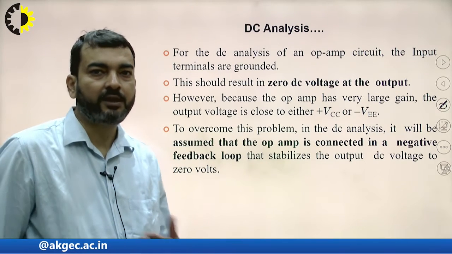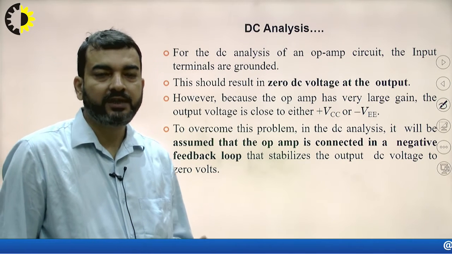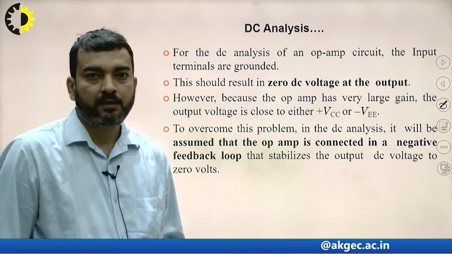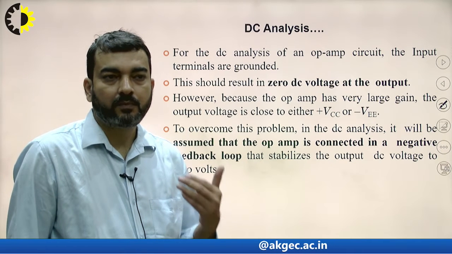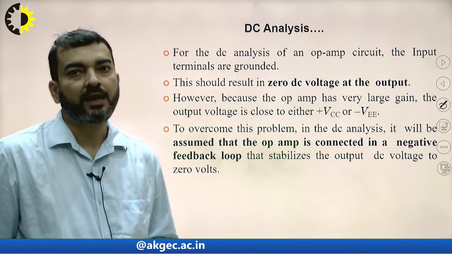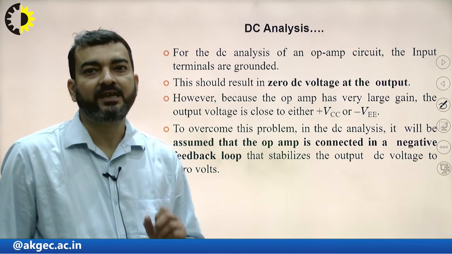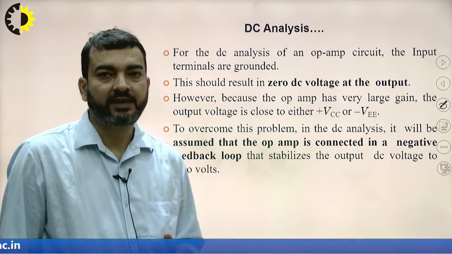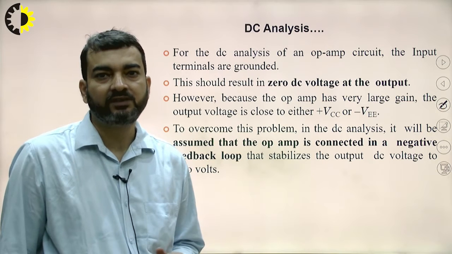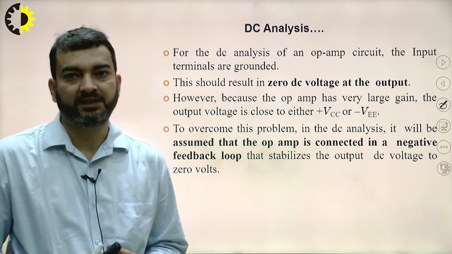If we have not applied any DC input or signal, ideally we should get zero output. But because of the high gain of the op-amp, we will get some output which will be close to the supply voltage, either plus VCC or minus VEE. Practically we will get a voltage slightly less than VCC and VEE, called plus VSAT or minus VSAT, which is approximately 1 to 1.5 volts lower than VCC and VEE.